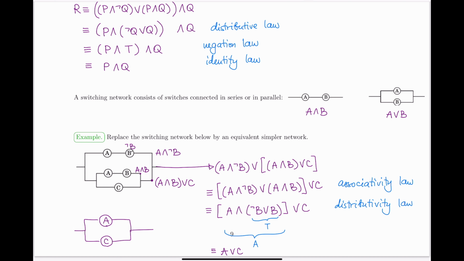And therefore, if I am to implement this somehow in hardware, I don't have to put in quite as many switches and quite as many wires in order to create something that is logically equivalent and therefore will follow the exact same current rules as the other one. I've also managed to completely get rid of the switches B and not B, which again will save me quite a bit of work in the hardware.